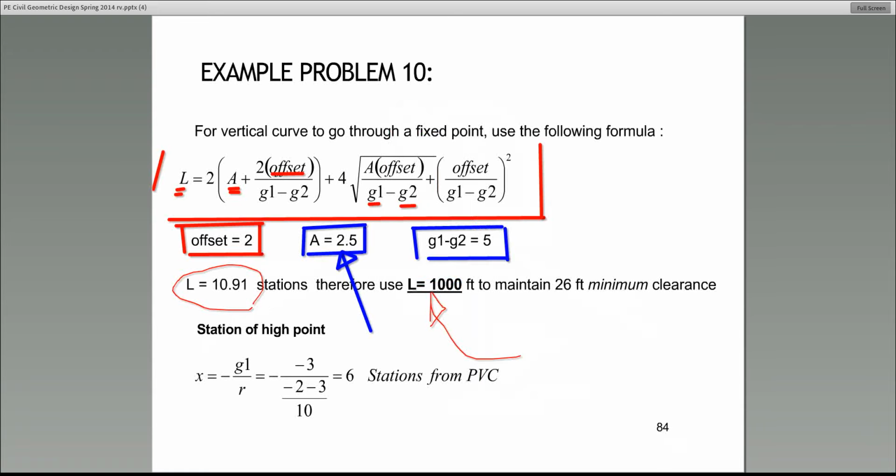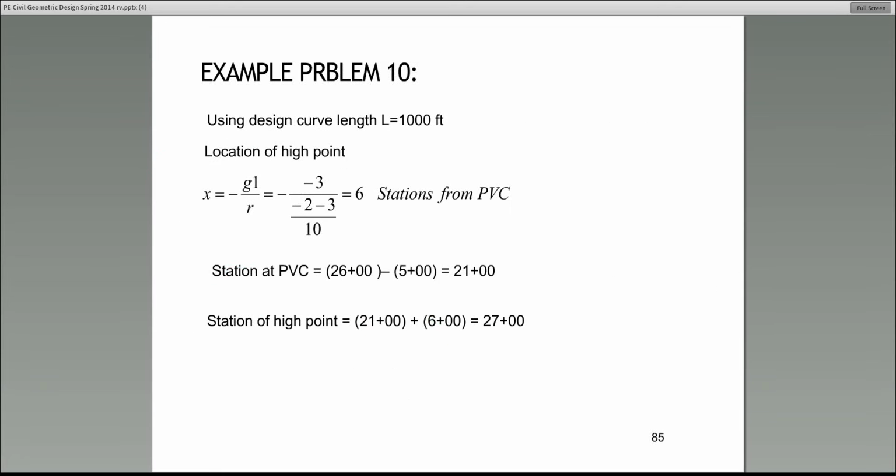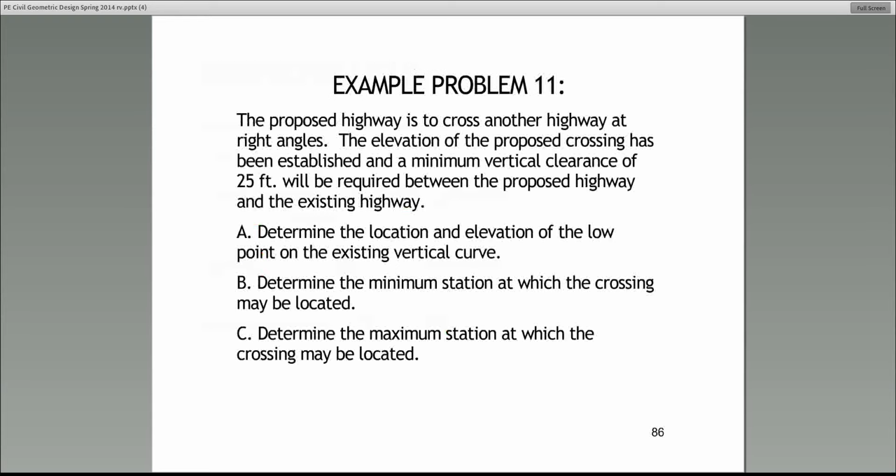So there it is. The answer is 1,000. Then the next thing is, can you find the station of the high point and the elevation of the high point? I leave that up to you to do. We're running out of time. This problem 11, I did not plan to go over the solution of this, but this is also a clearance problem, slightly more complicated than the previous one.